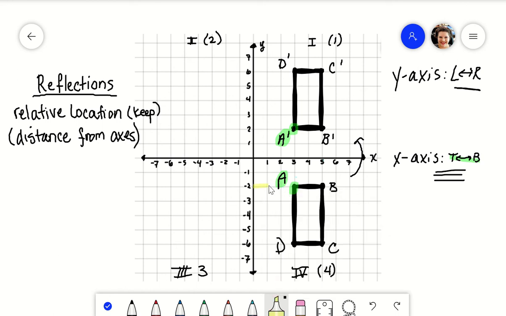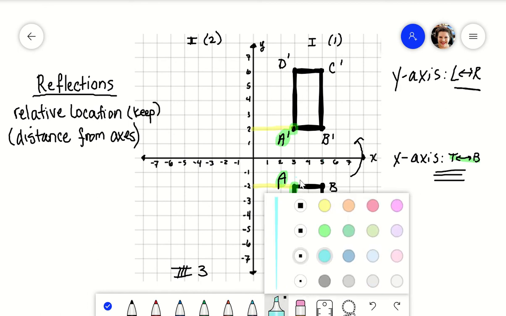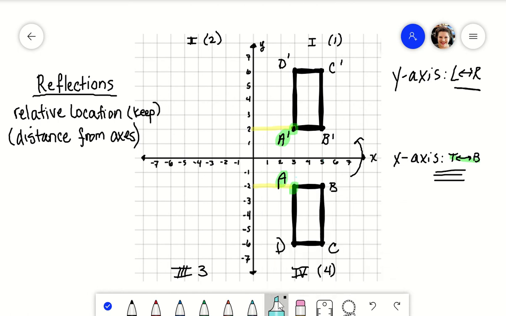It is 3 spaces from Y and 3 spaces from Y. That's another good sign. Now let's look at the spaces relative to the x-axis: 1, 2, and 1, 2. And because this is a rectangle, I can see that the other points are following because they're still all right angles.